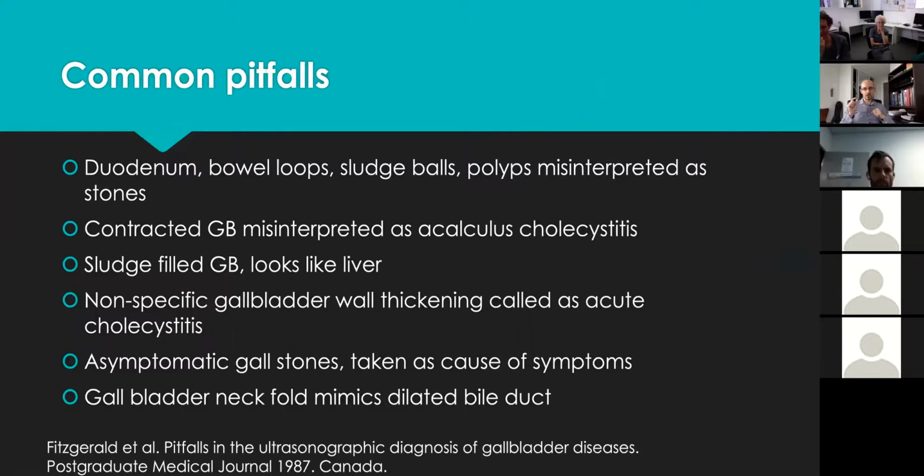Misinterpreting the gallbladder wall, with a thickened gallbladder wall in a contracted gallbladder, for example a patient who just had something to eat, postprandial, with cholecystitis. And if the gallbladder is completely filled with sludge and you cannot see the wall, you might actually think that there's no gallbladder at all.